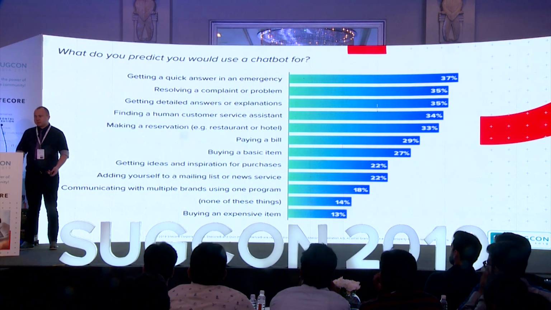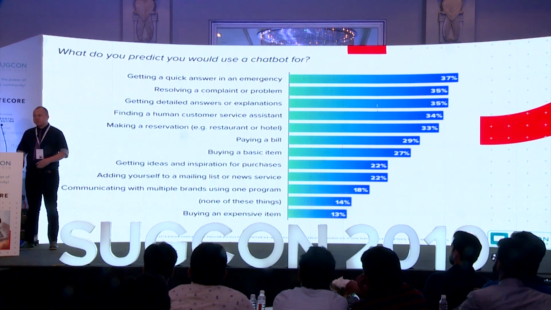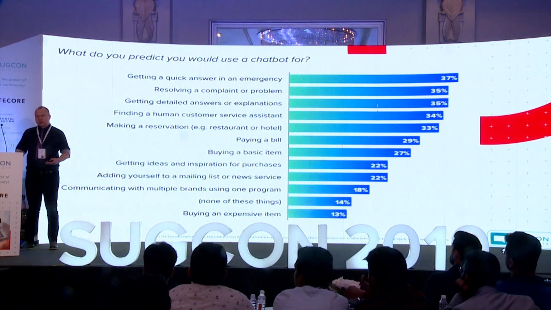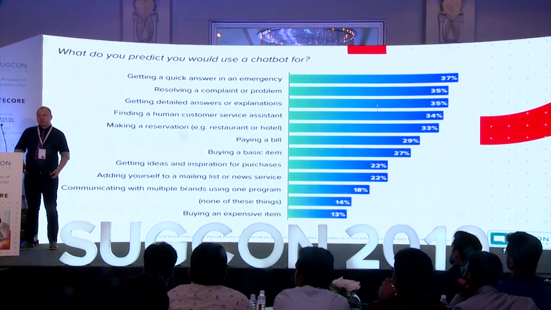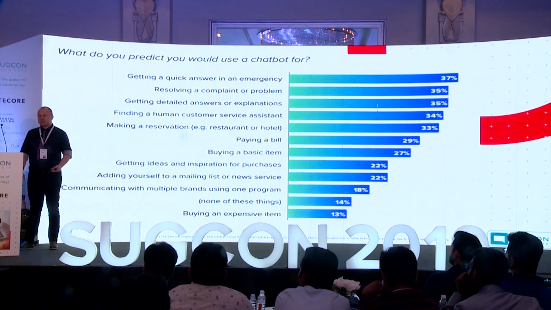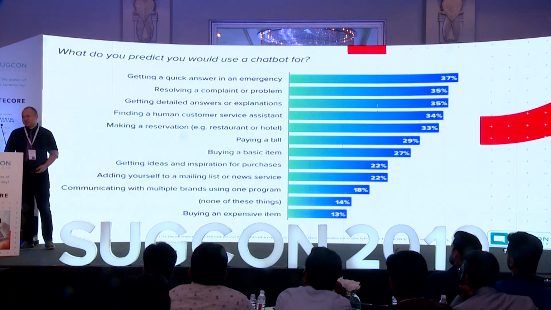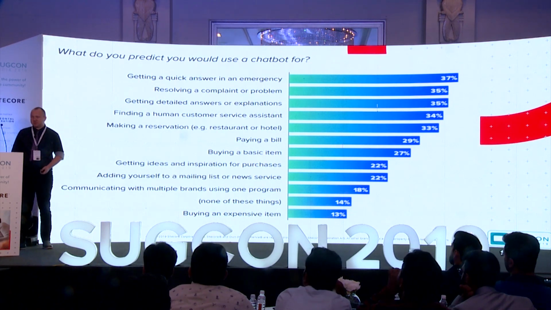For finding a human customer service assistant, you can automate that before presenting a human assistant to the user, by showing him some common problems. A lot of users say they would like to get a quick answer in case of emergency, but actually, it's funny, that's not a good case for a chatbot.